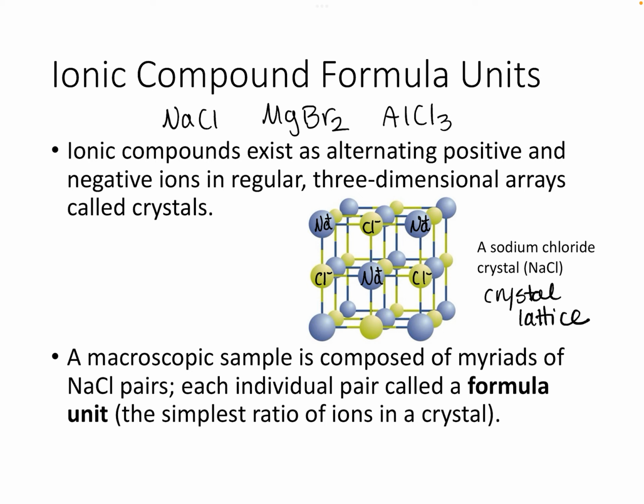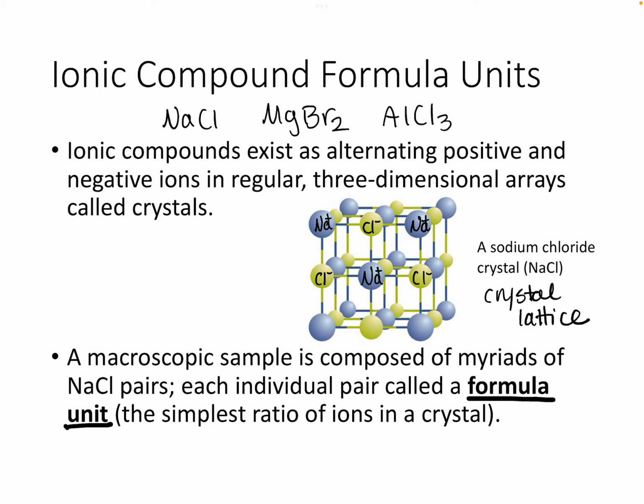Now, each individual pair is called a formula unit. Again, this would be the simplest ratio of ions in a crystal. So if we were to zoom in on a crystal of magnesium bromide, we would see that there's a magnesium ion surrounded by bromide ions, and they're arranged in a way where the simplest ratio is 1 magnesium ion for every 2 bromide ions.